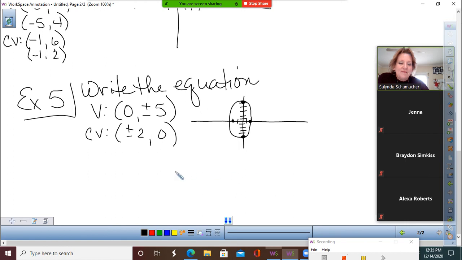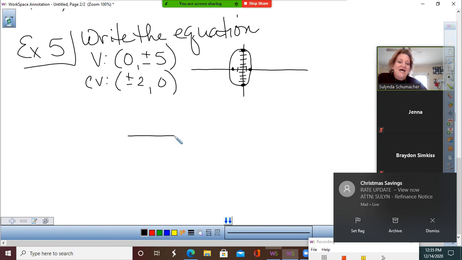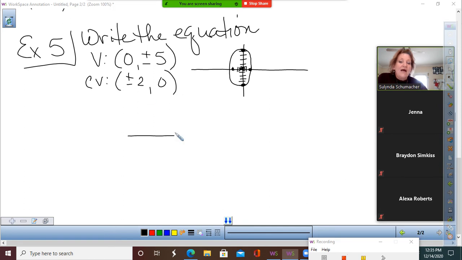So I need to write my equation. First of all, I've got to figure out what the center is. What is the center to this ellipse? My center is at 0, 0, right? At the origin. So I know that I have x, technically minus 0 squared, or x squared, plus y squared equals 1. That's what I'm going to start with, right?